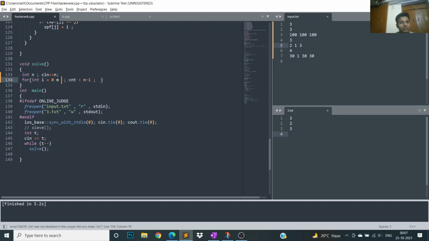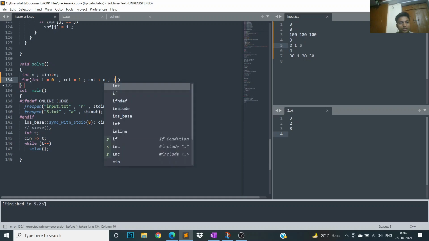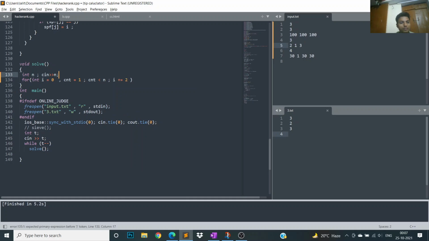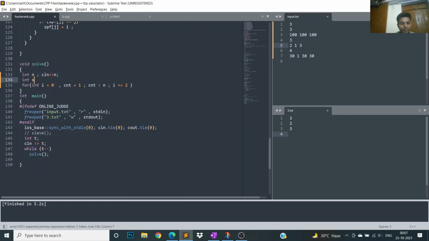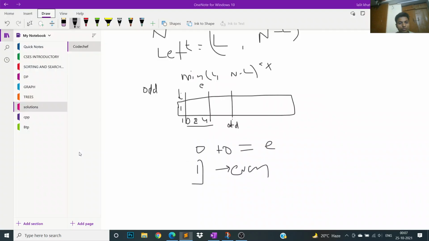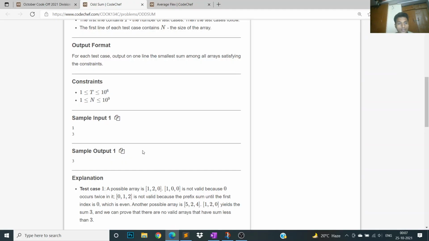Also we start with count equal to 1, i plus equal to 2, and sum equal to 0. How much was the limit? 10 to the power 9.